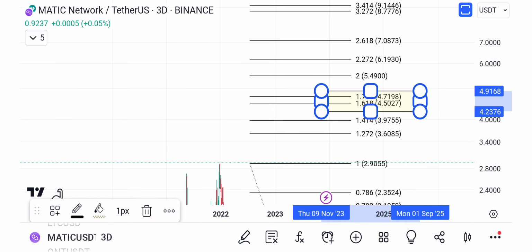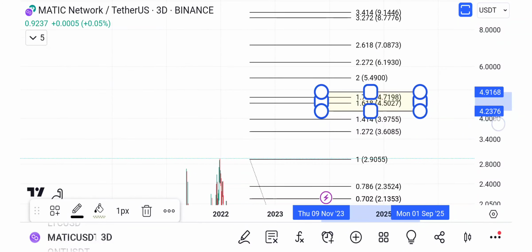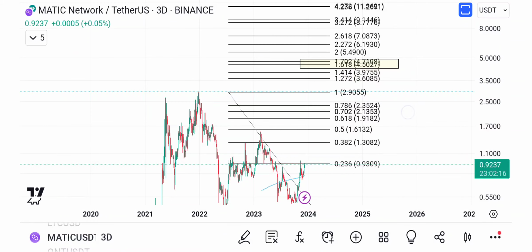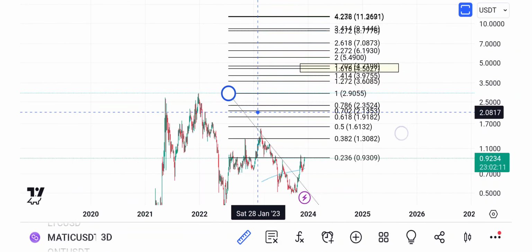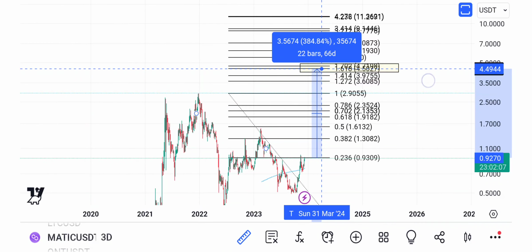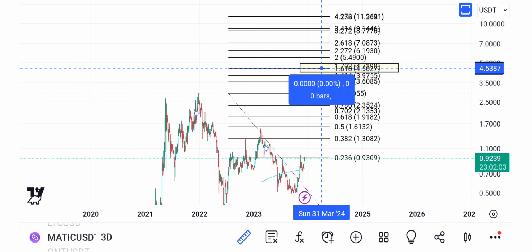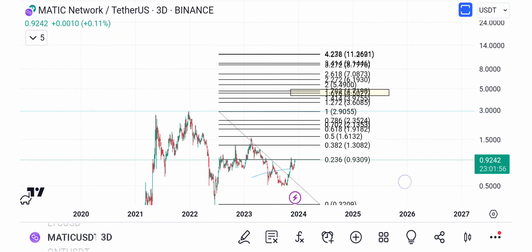That's not bad at all, given the fact that this thing is only 92 cents, right? So it's a little more, I think, than almost about a 5x, I want to say. So if I take this here and I go all the way up there, yeah, that's about almost a 400% move just on target number 1, right? So first target, about $4.50, right?